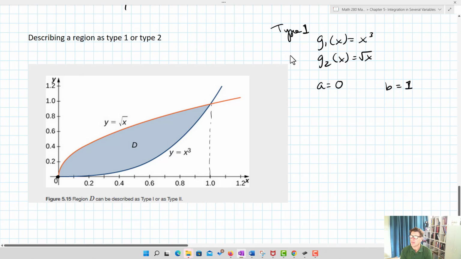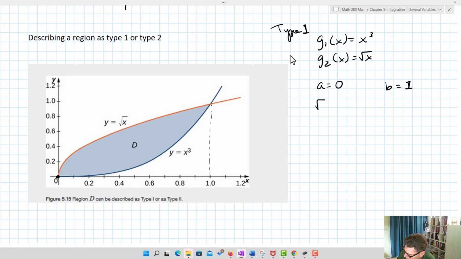By the way, you can figure that out just like you did inside of your second semester calculus course, by finding the intersection of those two curves. Setting square root of x equal to x cubed, basically that would give me that x equals x to the 6th when we square both sides. And so x must equal 0.